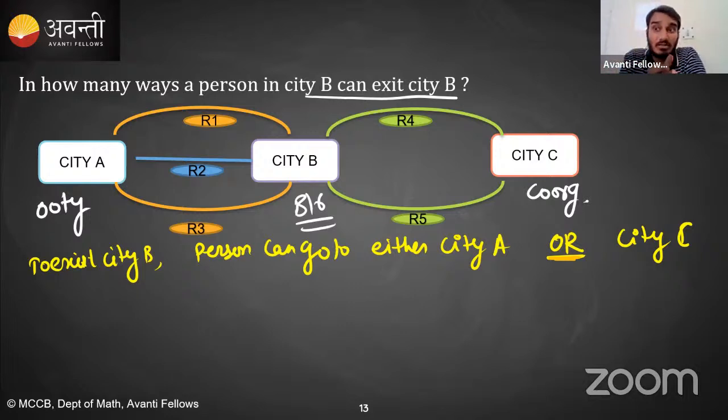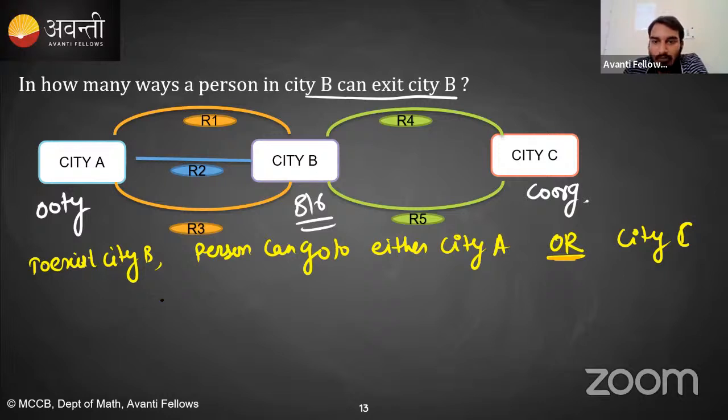In the last question, when the person had to go from city A to city C, that person had to go through city B, because the question said so and the person did not have any choice. Now in this case, the person has the choice of either city A or city C. Clear?